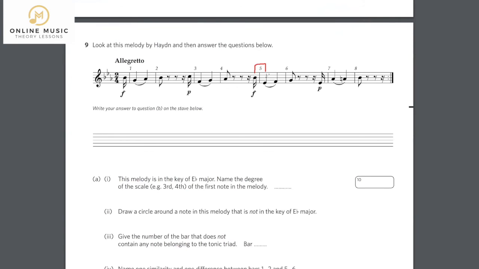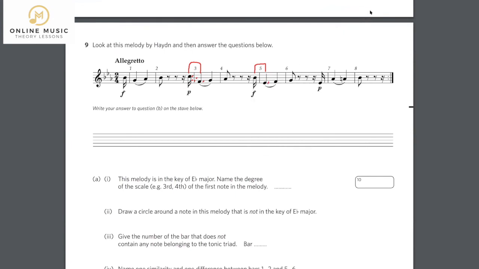And also in bar 3, so you got F, G, A, B, and C. So that would definitely be one.